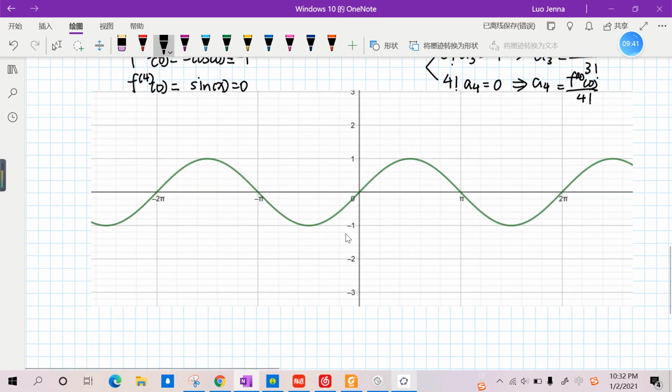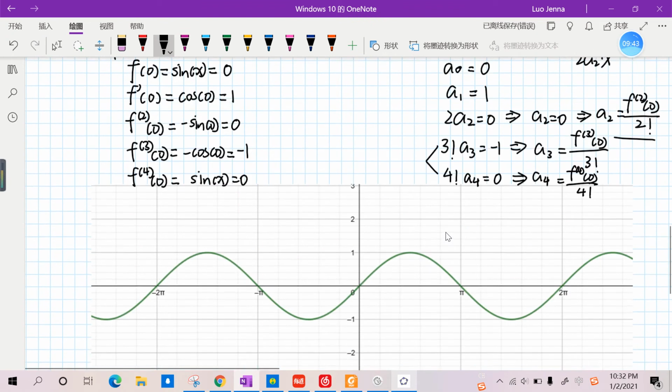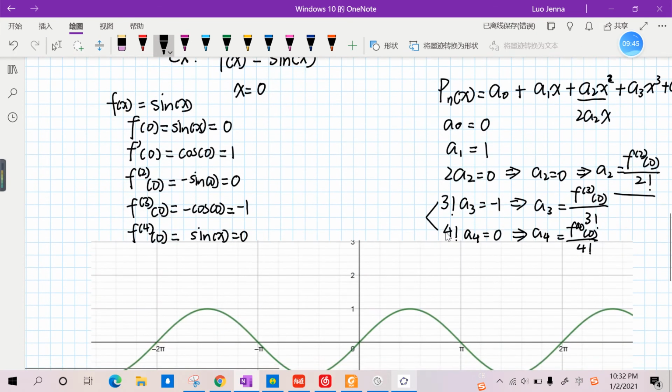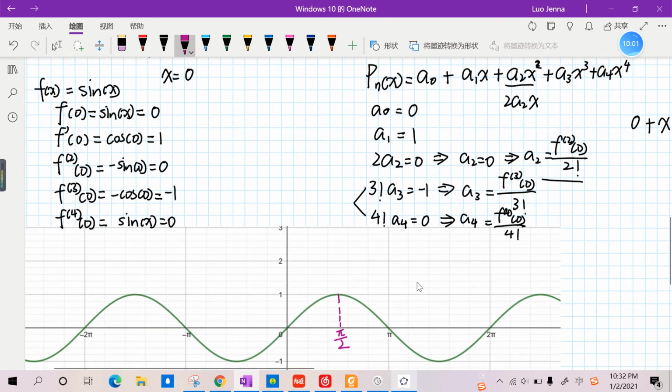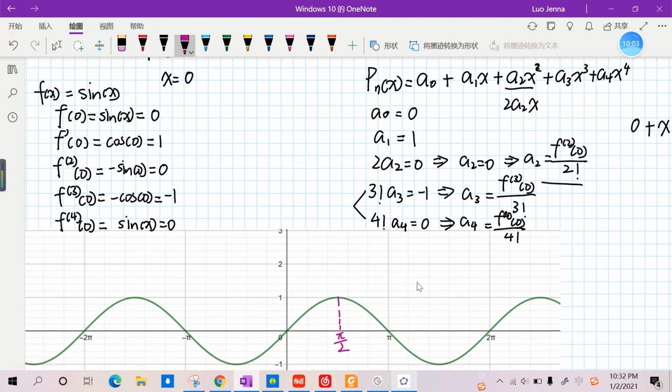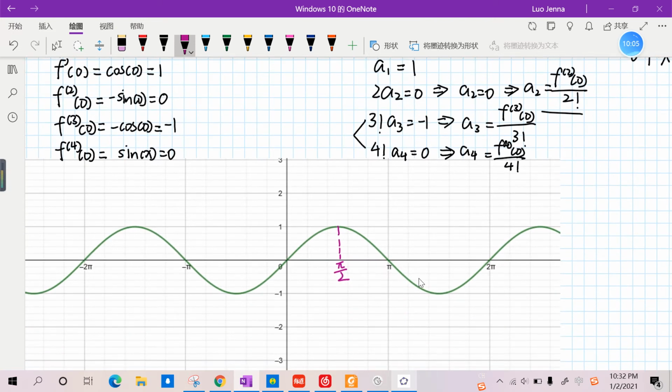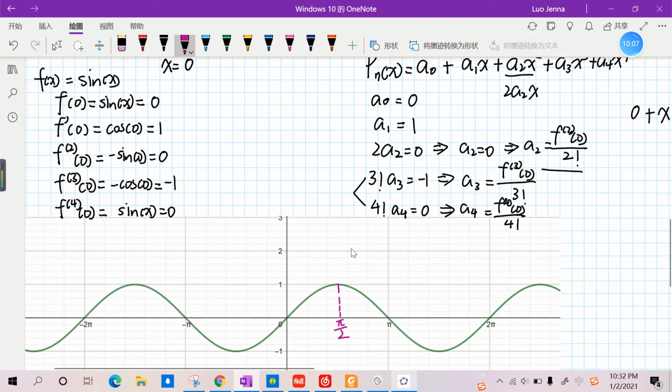But what about when we're doing the approximation at an x value that is different from 0? Like, for example, x equals pi over 2. Well, it is almost the same process as we do in the approximation at x equals 0. We take the derivative of sine x at pi over 2 again and again.